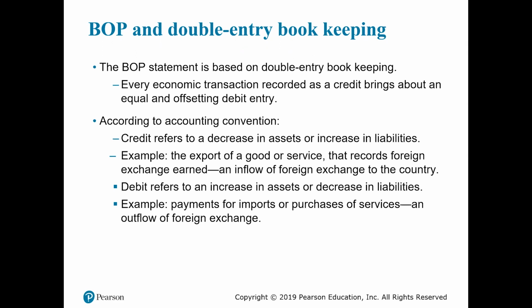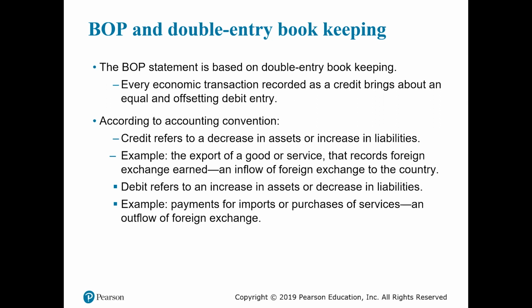According to the accounting convention, credit refers to a decrease in assets or increase in liabilities. For example, the export of goods or services that records foreign exchange earned is an inflow of foreign exchange to the country. And debit refers to an increase in assets or a decrease in liabilities. So for example, payments for imports or purchases of services, their outflow of foreign exchange, they are considered debit.